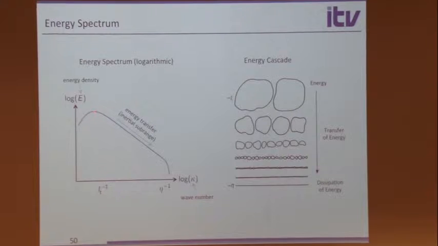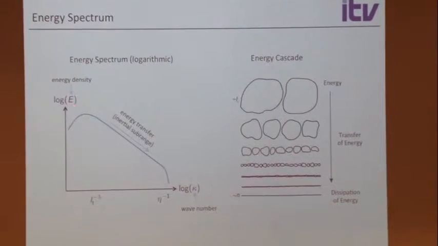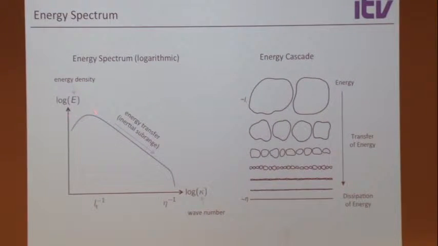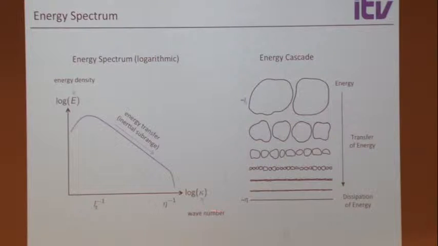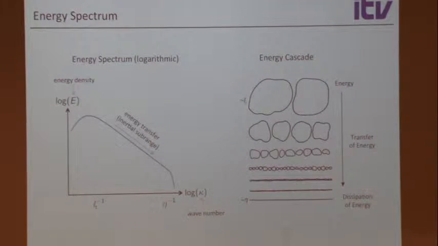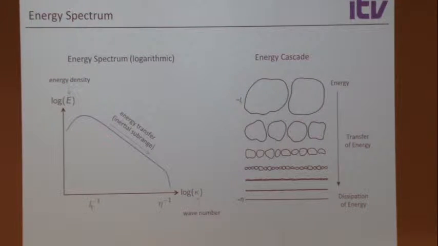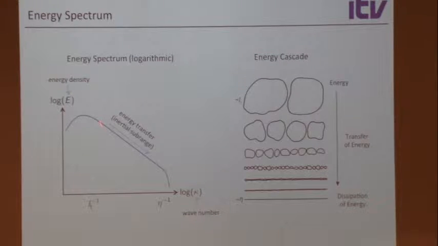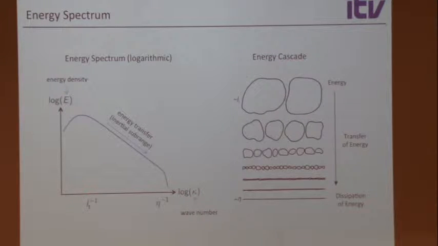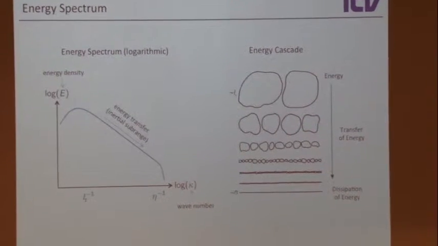This energy function, if you take this Fourier transform, is basically energy as a function of the wave number. And the wave number is just the inverse of the length scale. So this energy spectrum function shows you the energy you have at a given eddy size, okay?